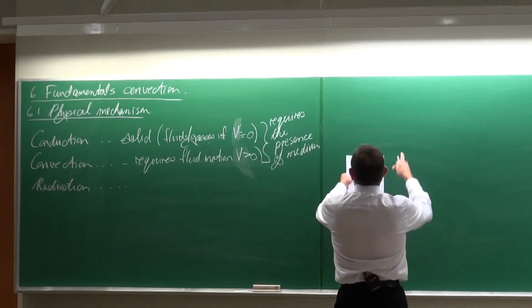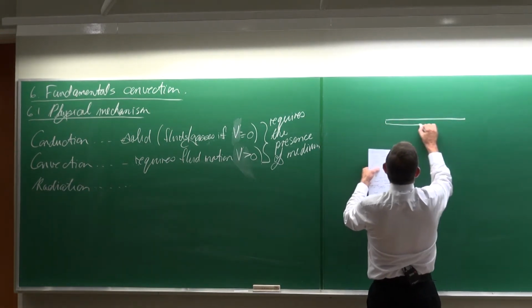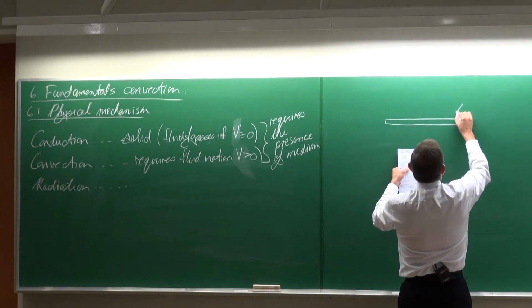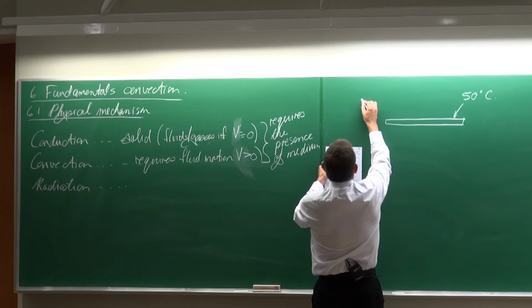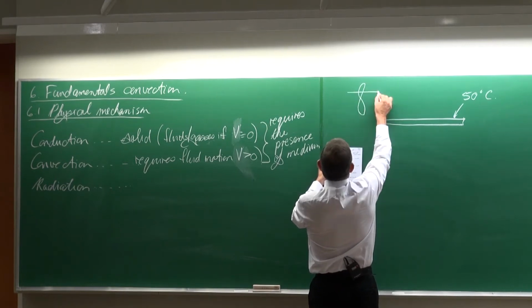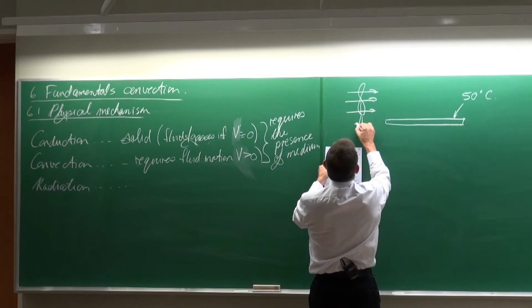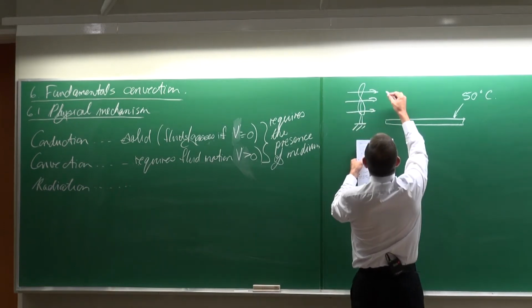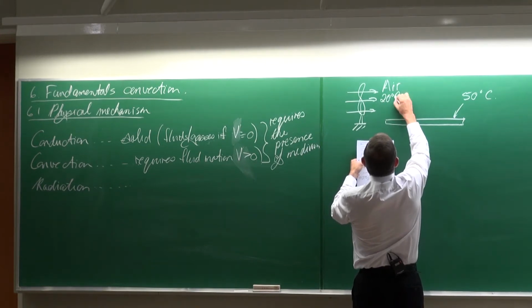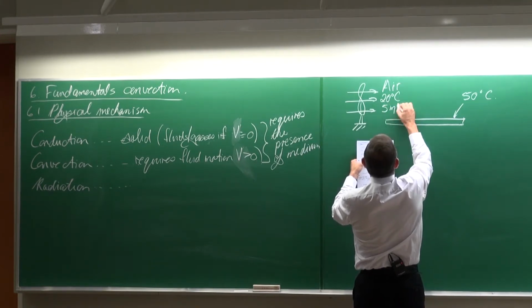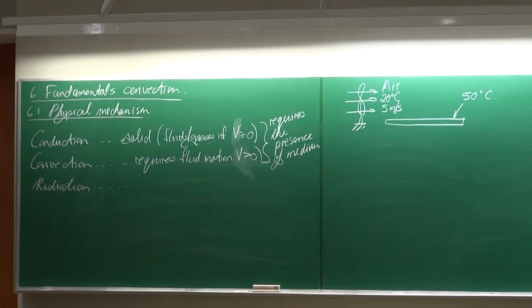So, trying to show it with an illustration, let's suppose we've got a flat plate, and this flat plate is at a temperature of 50 degrees Celsius, and we've got a fan, and this fan would force air at a temperature of 20 degrees Celsius and a velocity of 5 meters per second over the flat plate.